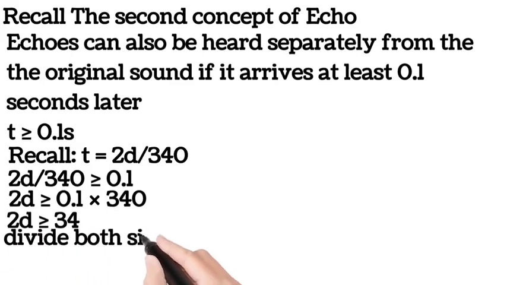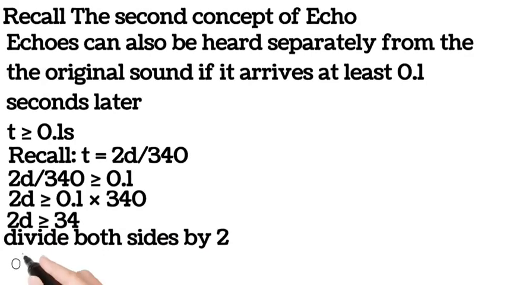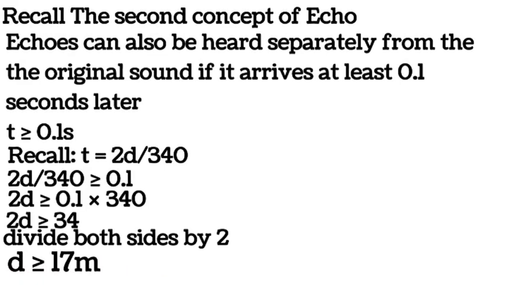In order to have d, we divide both sides by 2. 34 divided by 2 is 17. So our d is greater than or equal to 17 meters. Now this d means distance. So distance is greater than or equal to 17 meters.